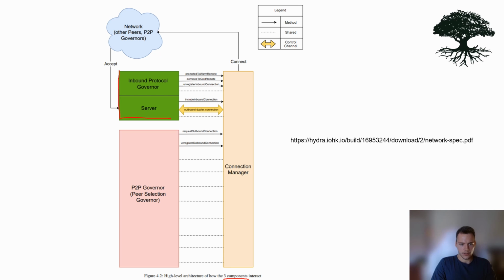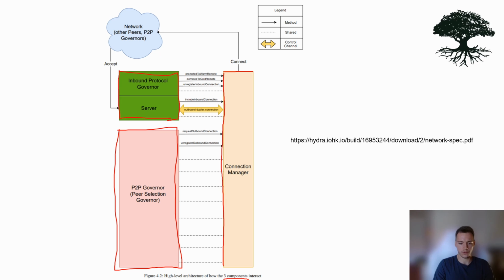Anyway, the server and the inbound protocol governor as one component, and the peer-to-peer governor as the other component share an instance of the connection manager component. So both of these components use the same connection manager. It is shared, and as we said, it takes care of the low-level stuff. So basically, the peer-to-peer governor can request an outbound connection.